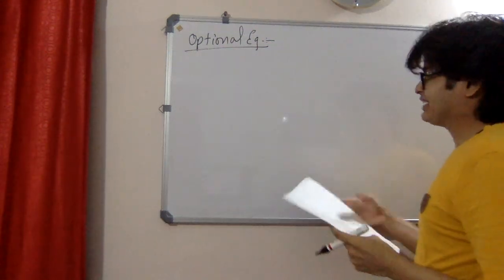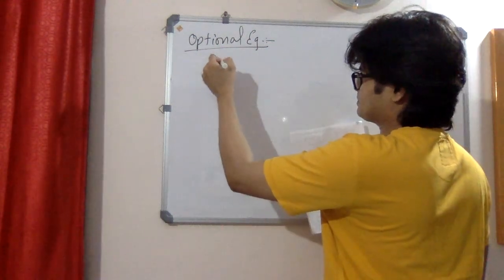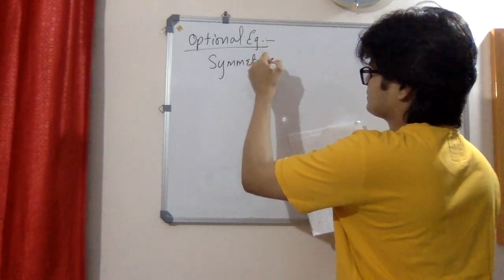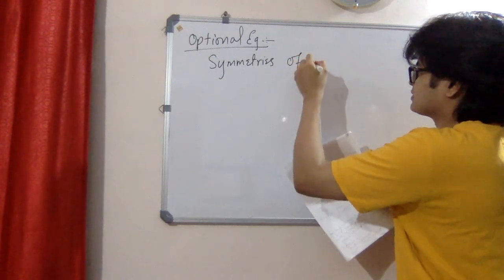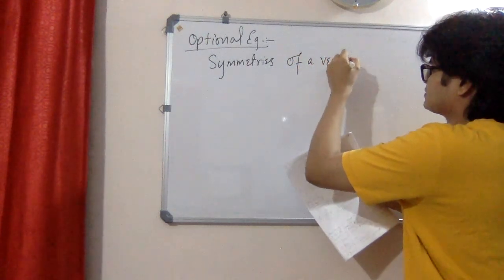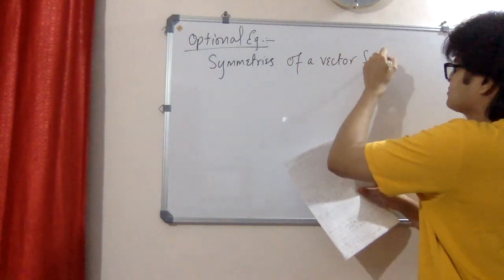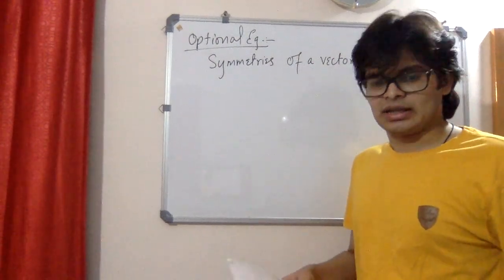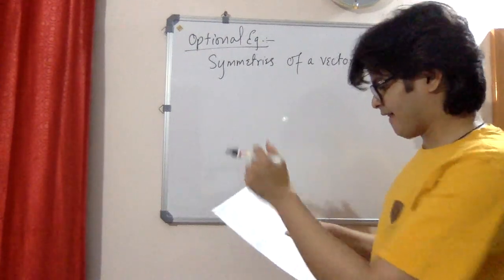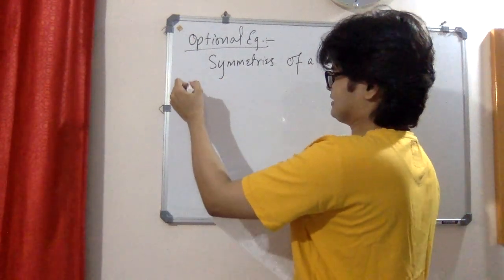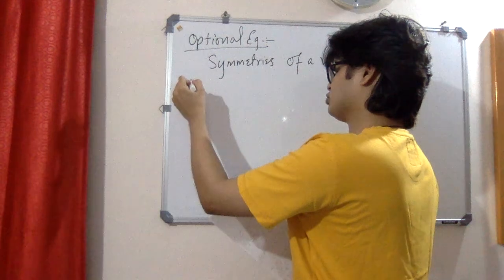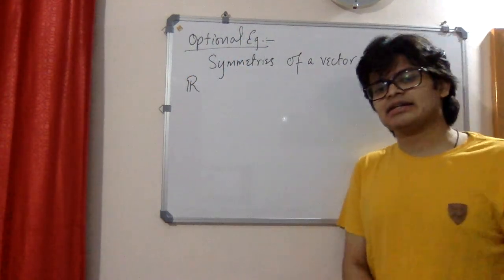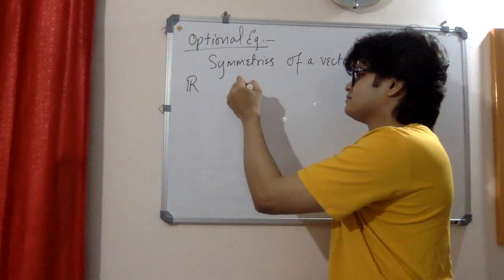So the symmetries of a vector space. We choose our field to be R and say the vector space is R3.